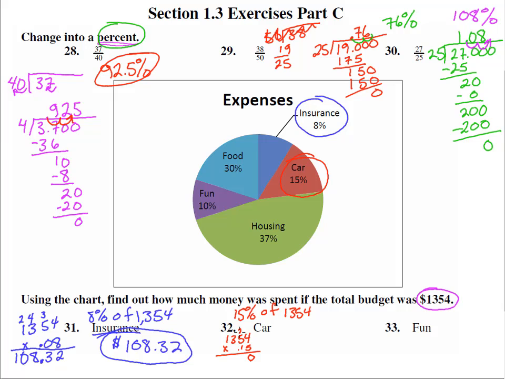Put the 0 down there, carry the 2. 5 times 5 is 25, plus 2 is 27. Carry the 2. 5 times 3 is 15, plus 2 is 17. Carry the 1. 5 times 1 is 5, plus 1 is 6.